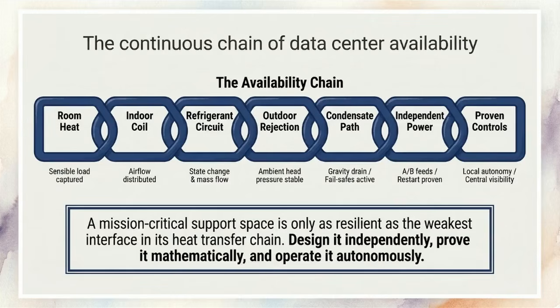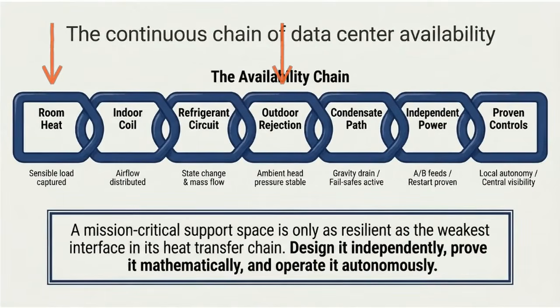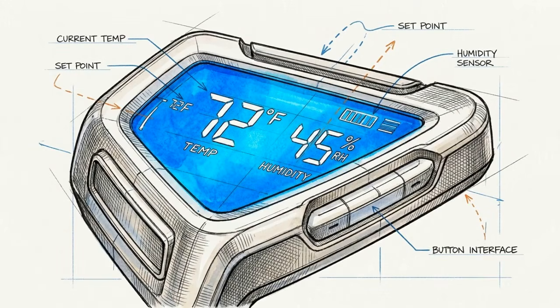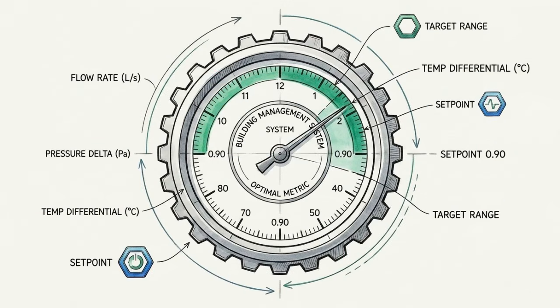This infographic illustrates the concept of the availability chain. A support space is only as resilient as the weakest interface connecting the room's heat load to its final external heat rejection. To maintain that chain in electronic environments, we target a very specific thermodynamic metric. The sensible heat ratio, or SHR, must be tuned to 0.90 or higher.